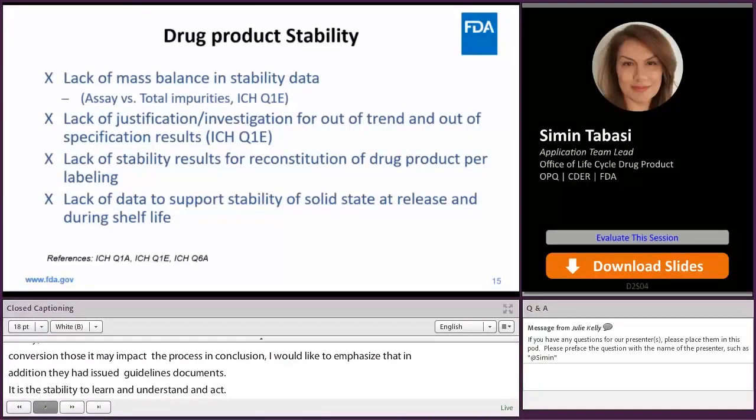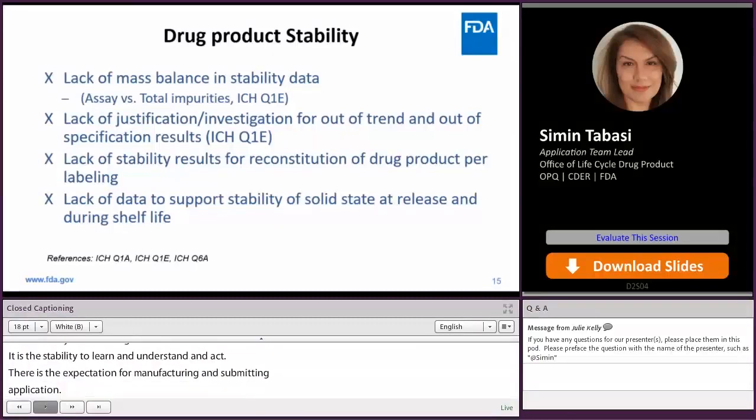Although filing an ANDA is a significant challenge, applicants should first focus on the end goal, developing and manufacturing of safe, potent, and effective drug product, followed by receiving FDA approval.